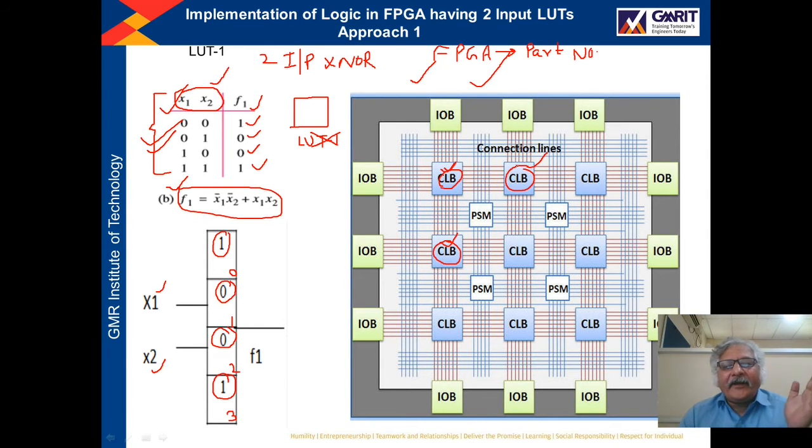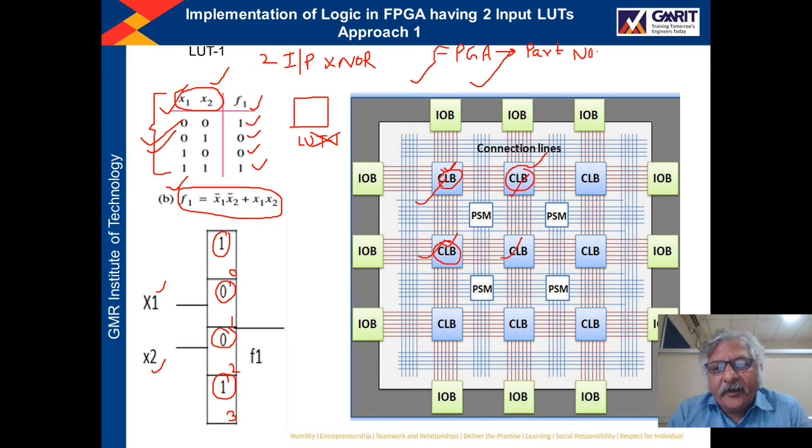That LUT may belong to any of the CLBs. Up to the synthesis, there is only one piece of information, that your logic is implemented in a 2 input LUT. That's all. Which particular LUT out of many will be used to implement our logic will be decided by the place and route tool.